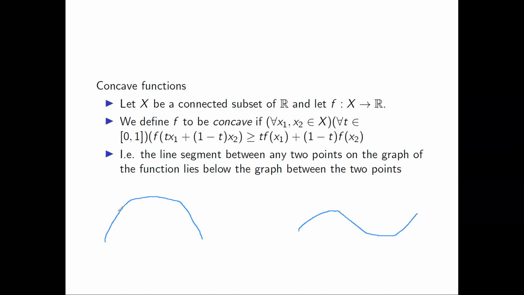On the left, if we look at any 2 points, the segment between those points is going to lie below our graph. So this one is concave. On the right, there's some places where the segment is going to lie above the graph. So this one would be not concave.